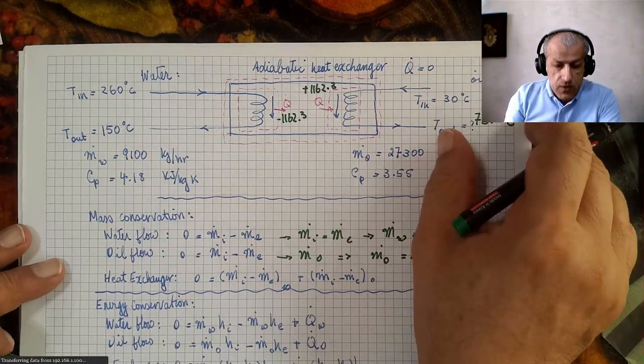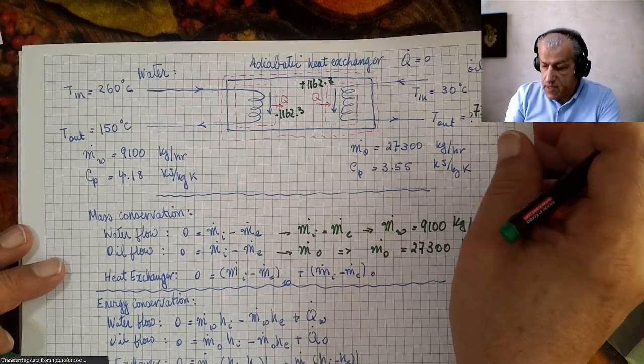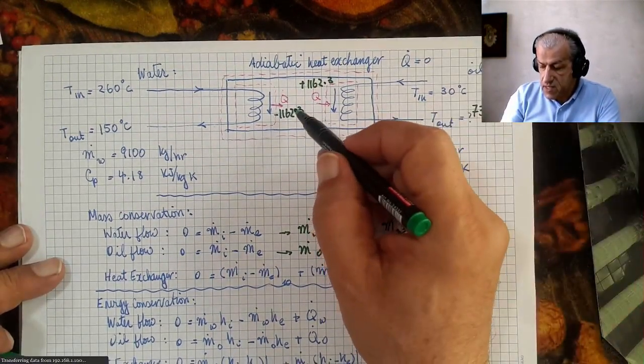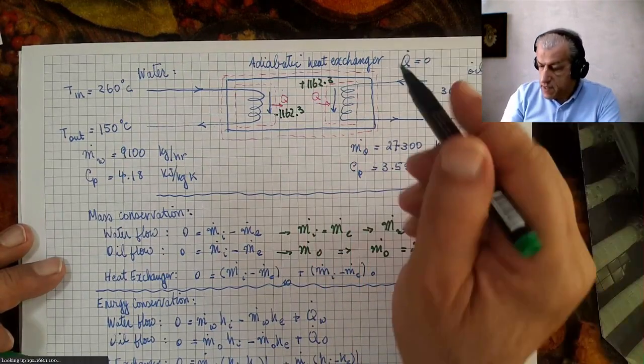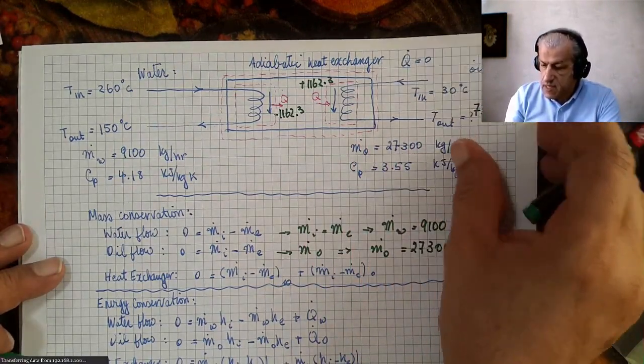They have two different signs, but the same heat transfer. One is loss and the other is gain. Here, the heat transfer is 0.